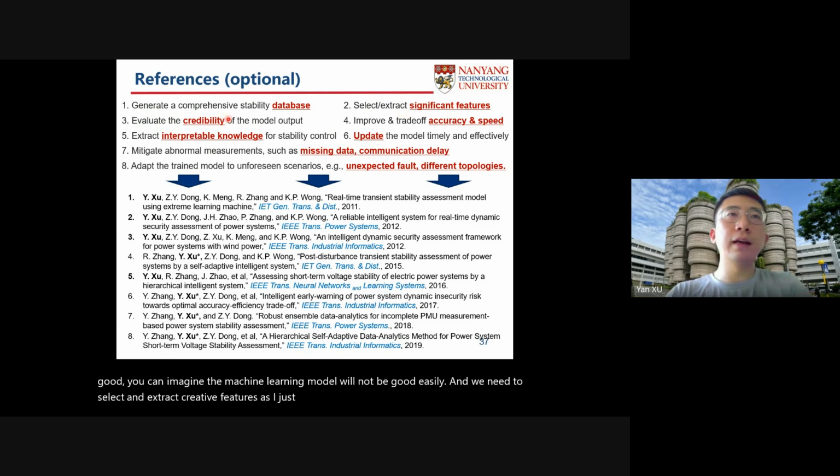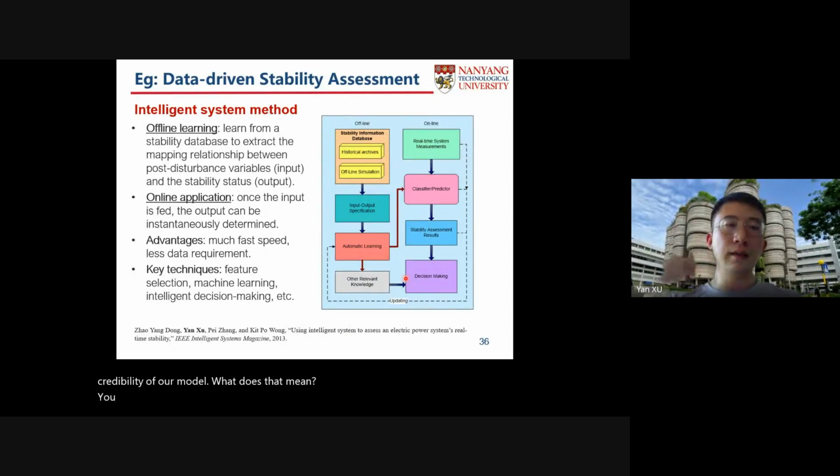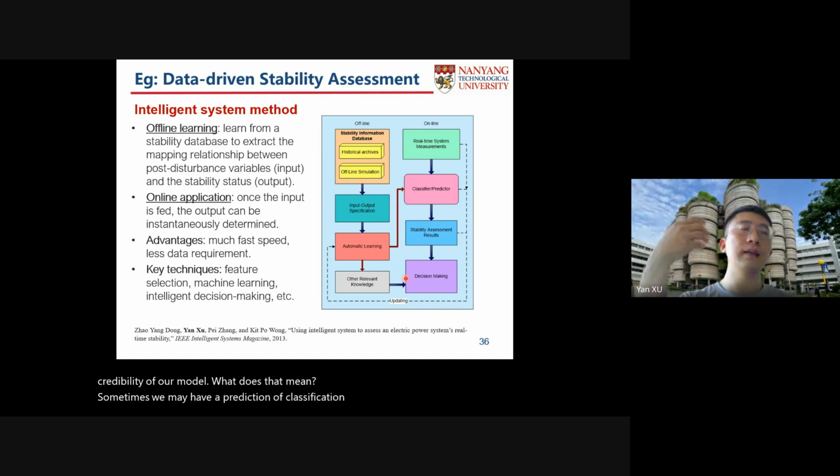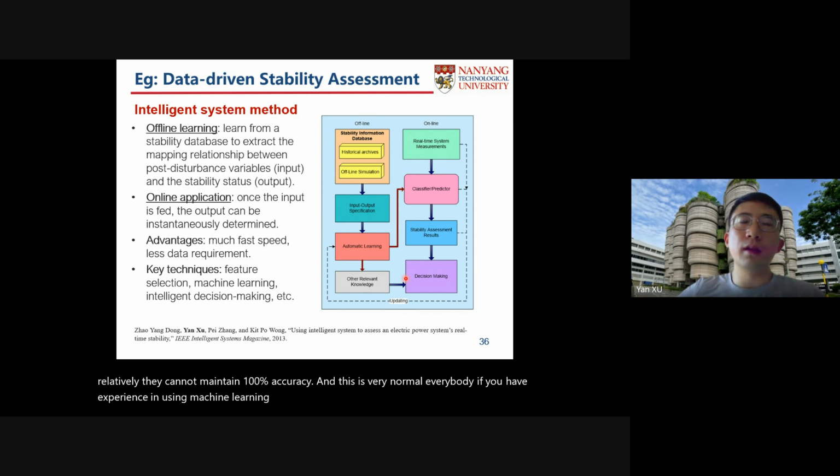And we need to evaluate the credibility of the model output. What does that mean? Machine learning models sometimes may have prediction or classification errors. In reality, they cannot maintain 100% accuracy. This is very normal. If you have experience using machine learning, accuracy is always an issue.